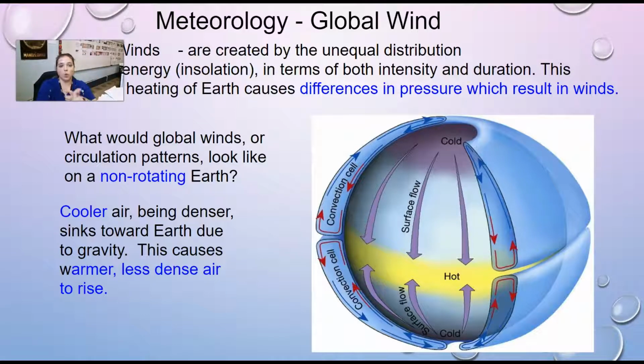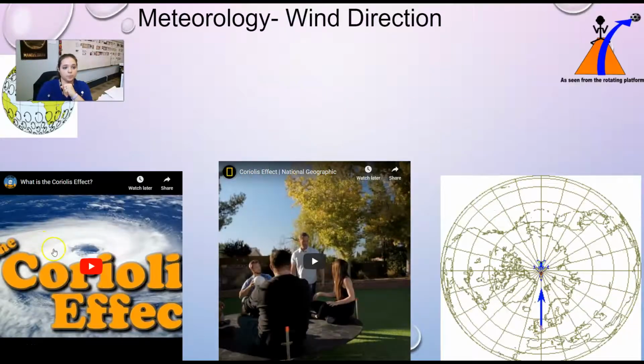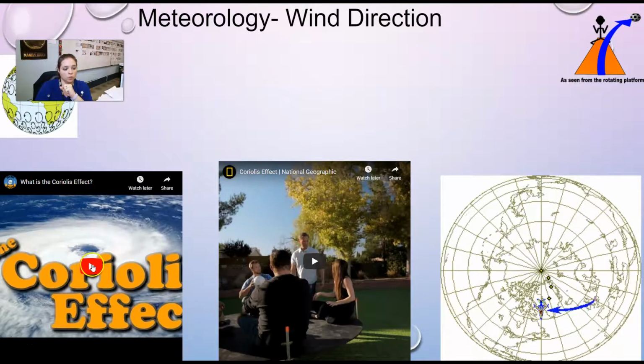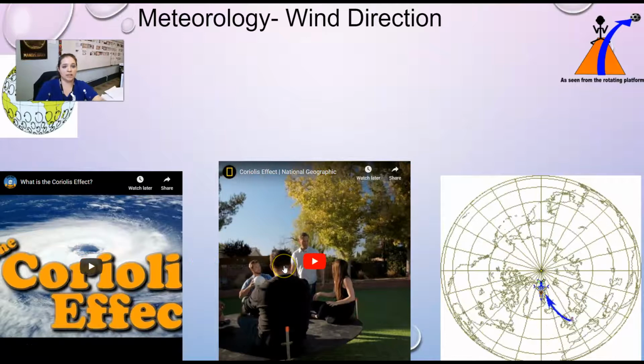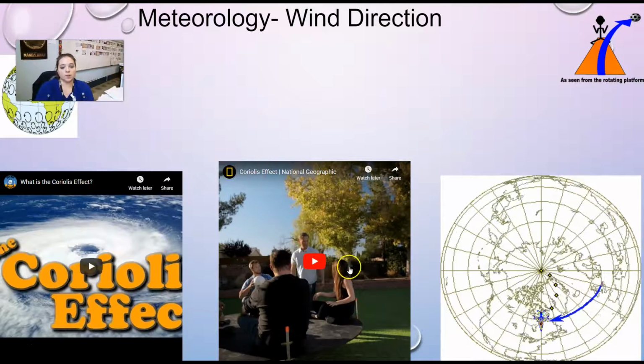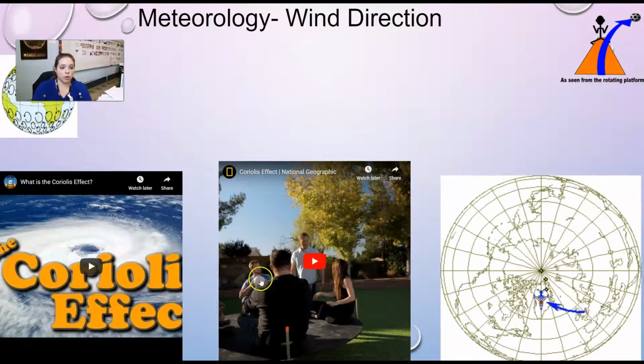So you've got convection in water, convection in the mantle. Now you have convection in the air, in the atmosphere, pushing around wind. All right, so we're going to watch these two real quick. I'm going to connect these to the notes. You are going to watch them also. And it's really, really cool. It shows the Coriolis effect.